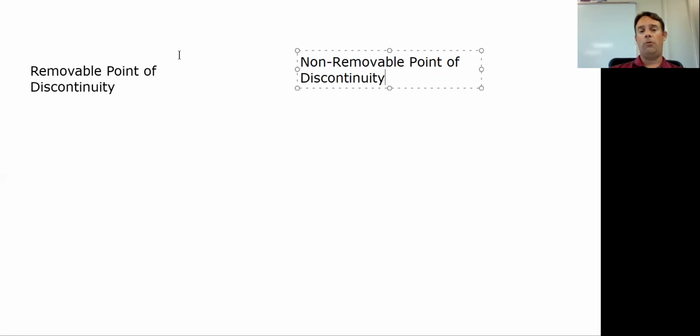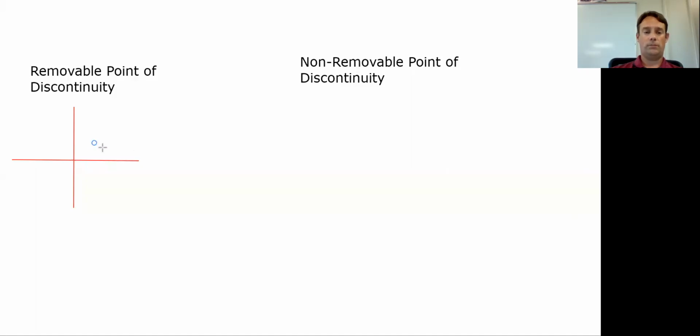So a removable point of discontinuity, and we talked about this already, but it's worth repeating again. A removable point of discontinuity is when the limit exists, but the function value is undefined. In other words, it's a hole.